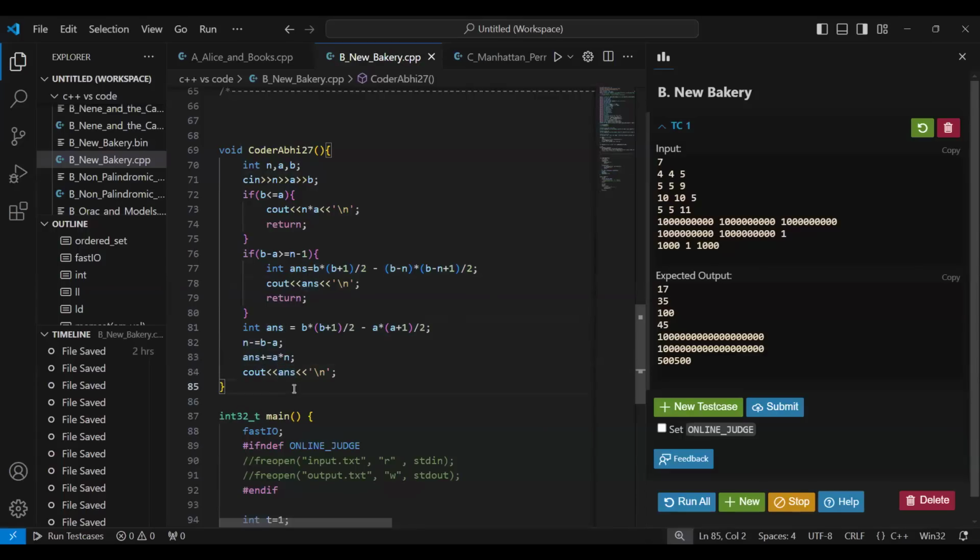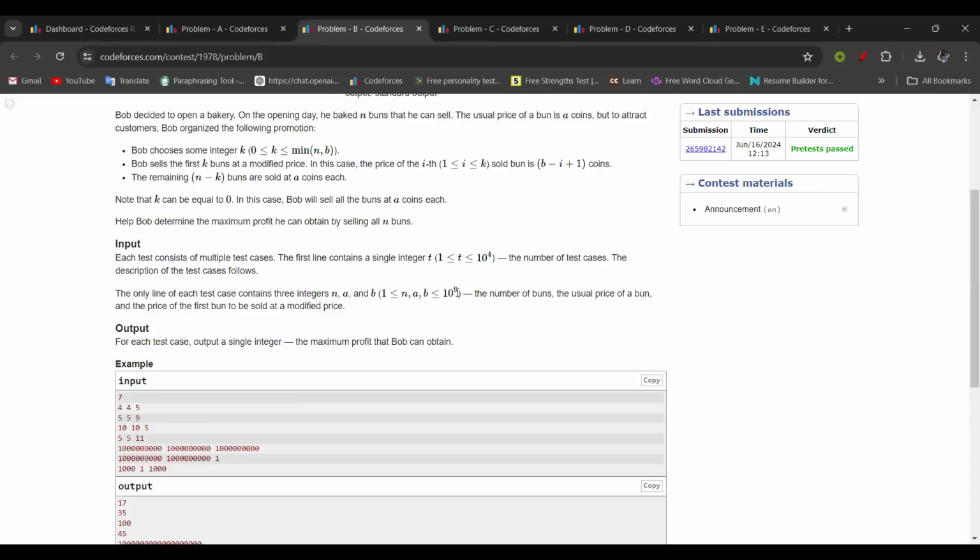So the complexity is O of 1 actually here. So it's a constant time operation. Okay, so we were given n, a, b as 10 to the power 9. So anyways, we had to write some O of n, O of 1 or O of log n kind of code. So it's O of 1 and it's accepted.